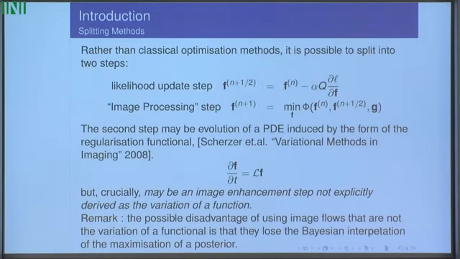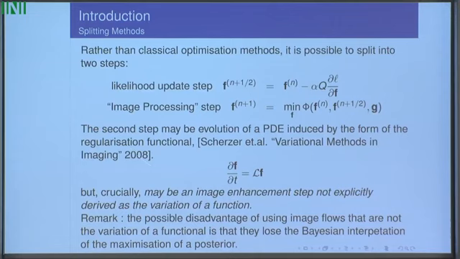But a modern trend is, rather than using these classical optimizations, it's sometimes useful to split into two steps: a likelihood update just dependent on the gradient of the likelihood, and then a step which improves this estimate based on the previous estimate and the data, what we call an image processing step, or in variational methods usually a proximal step.